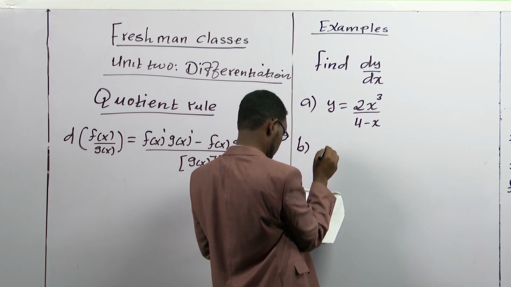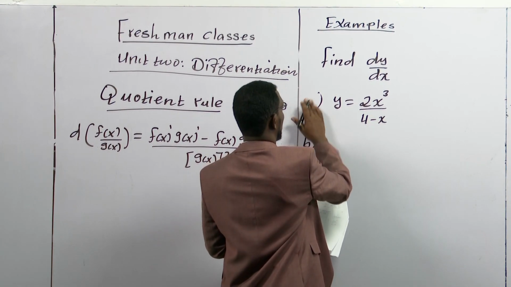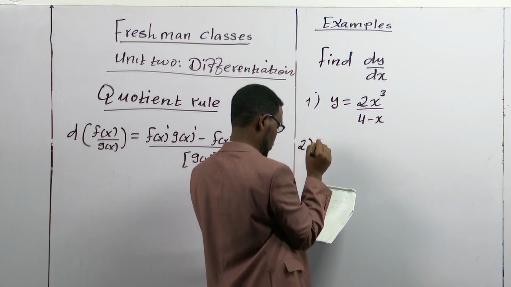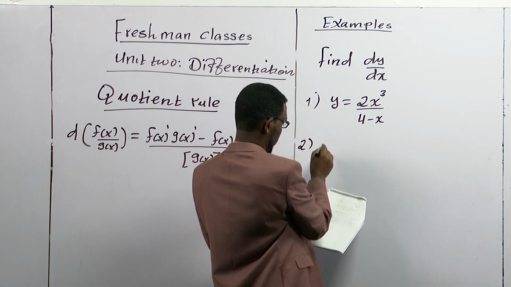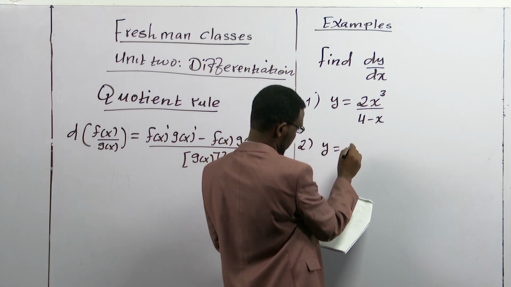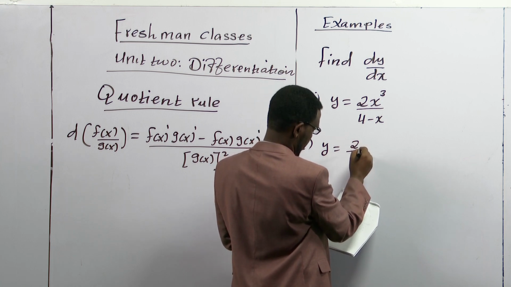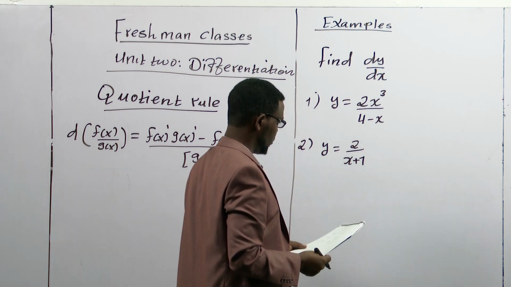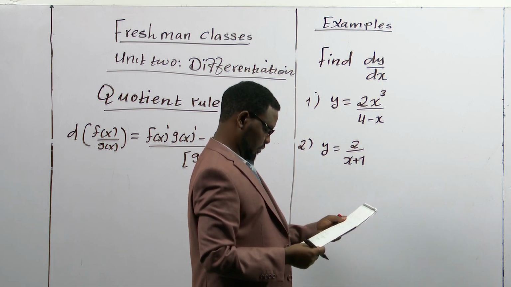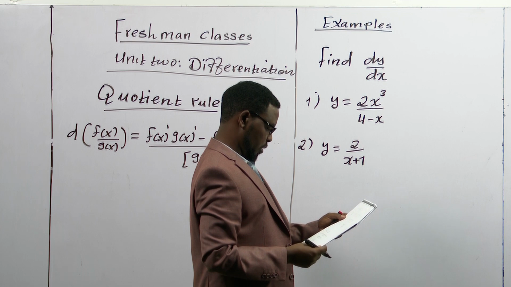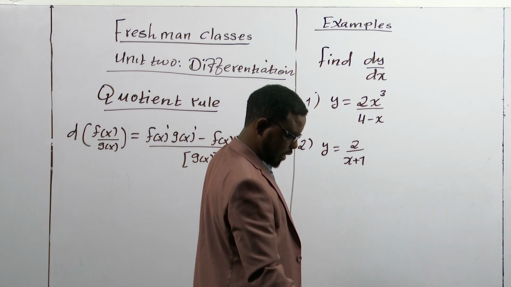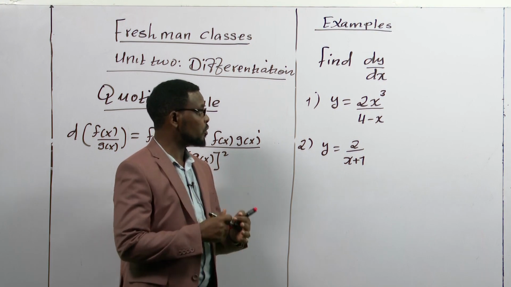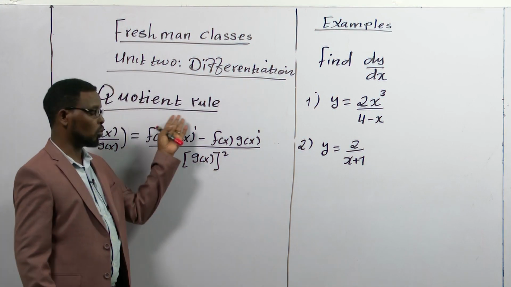Number 2: y is equal to 2 divided by x plus 1. Okay, we have here 2 examples, by using the quotient rule.